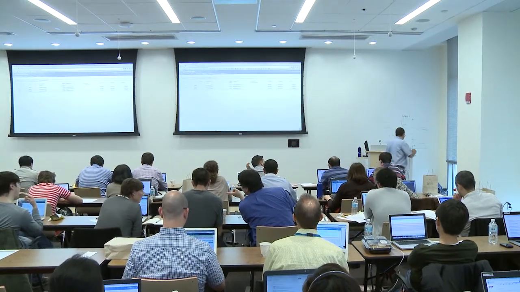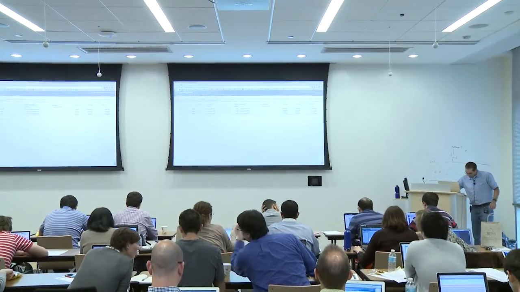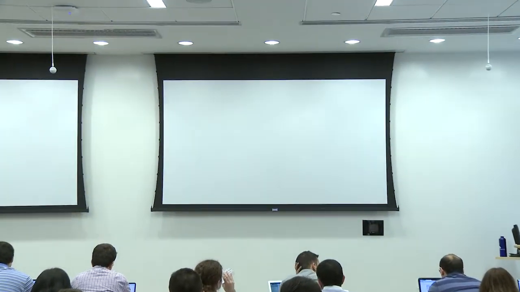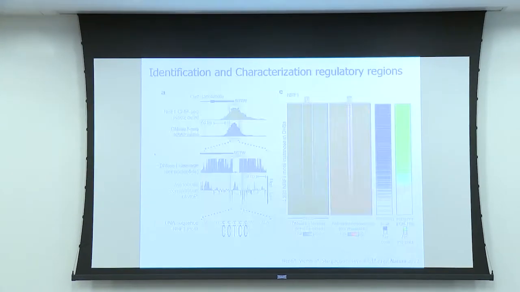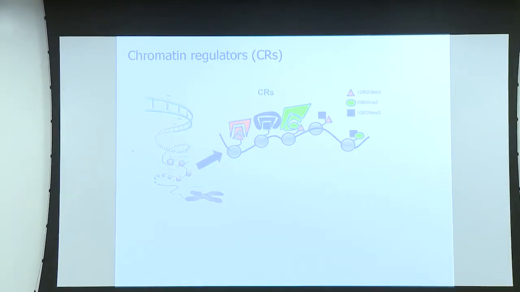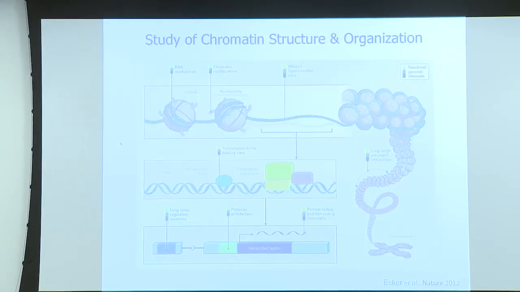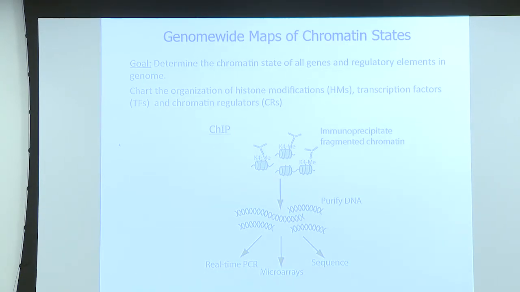Let me go for a second to the presentation. Okay, so the basic idea of ChIP, if we really zoom out and think about it, is that what we do is we actually fractionate the genome.